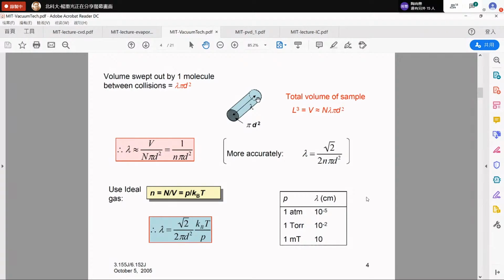Imagine 10 centimeter as something like stretching your fingers. This is at about one mini torr, where the plasma is generated. So at the plasma generation pressure, you have a mean free path of 10 centimeter in length.